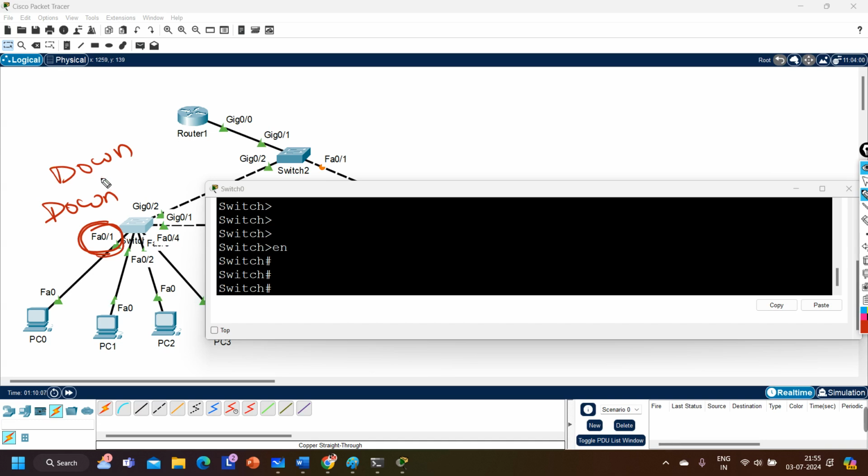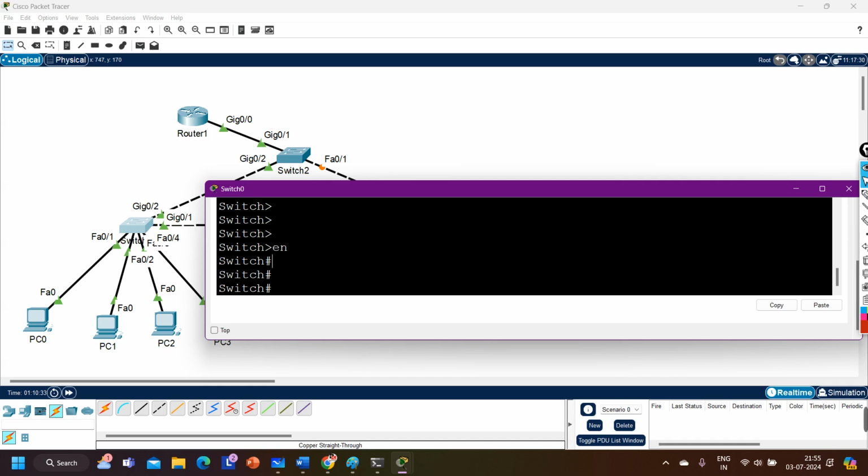Yes or no? See, if this port is down, then status is going to be down. If this port is up, but PC port is down, then line protocol is going to be down. But status is still up. Got it?